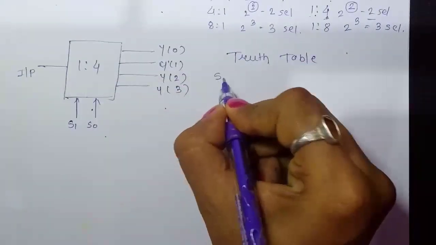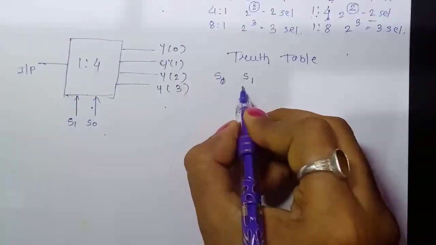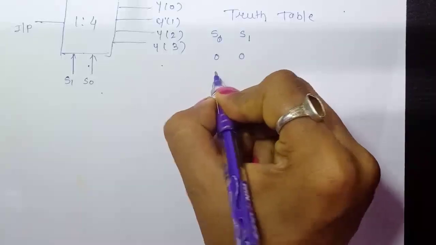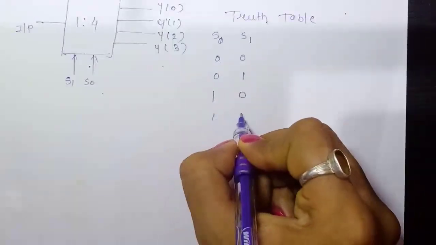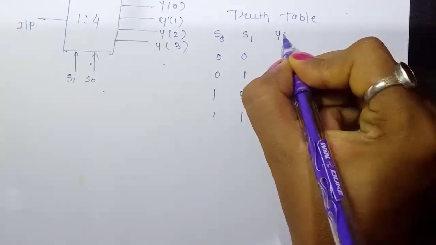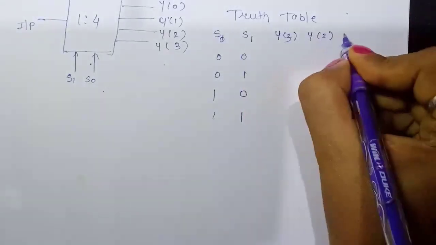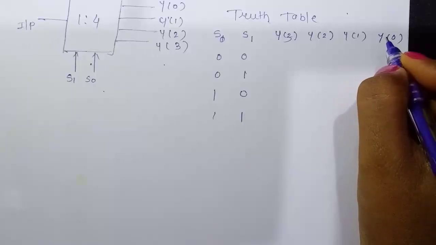It has 2 selection lines, that is S0 and S1. 2 selection lines means there are 4 possible combinations, that is 0 0, 0 1, 1 0 and 1 1. Outputs are Y3, Y2, Y1 and Y0.